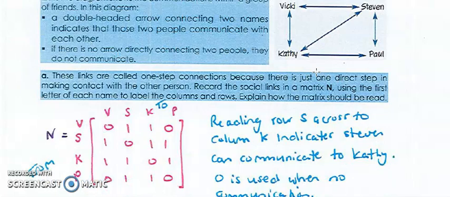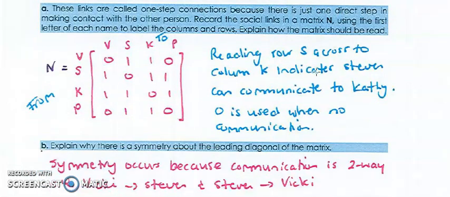This document can be accessed on Compass. What you're going to do is, underneath A, copy this matrix down. The V, S, K, and P represent the people, and it's also going to be replicated on the top. We're showing the connections from the set of people to the set of people.